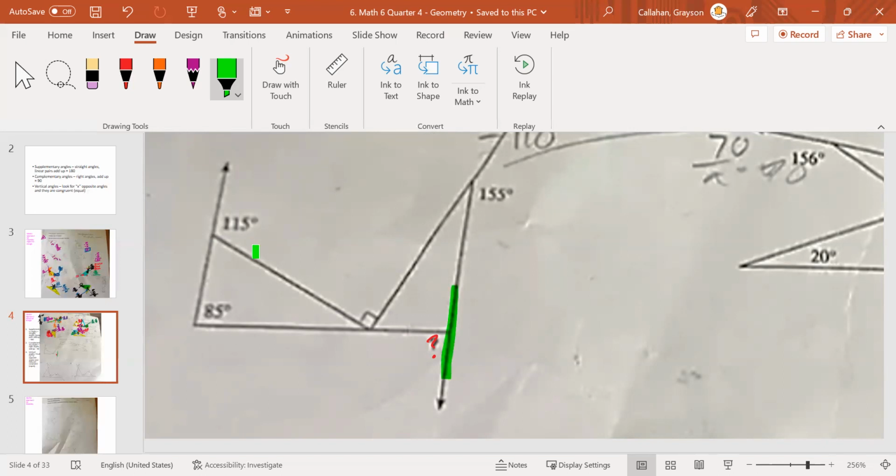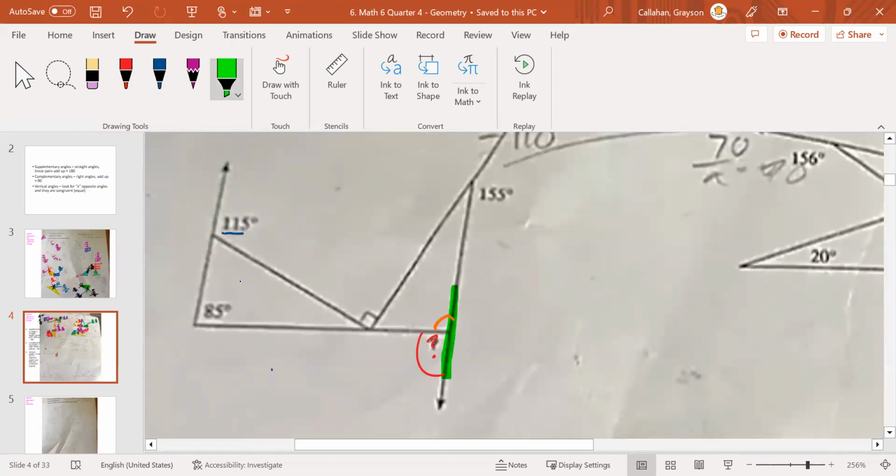Okay. Well, it would be great if I could figure out what this orange angle is, because then I can use that orange angle to find out that red angle, because they add up to 180, right? Okay. Now you gotta look for the clues, okay? The clues are gonna help you to find things. If this angle here is 115, do you see that?